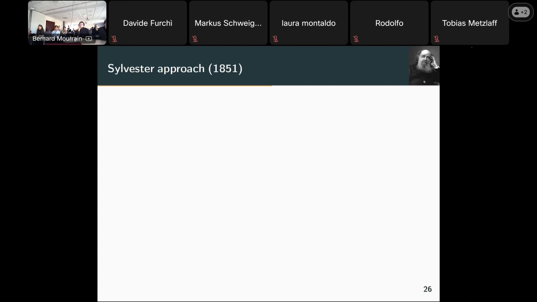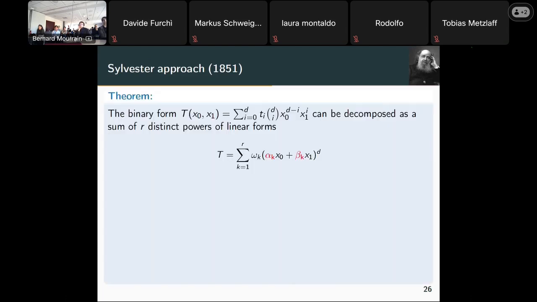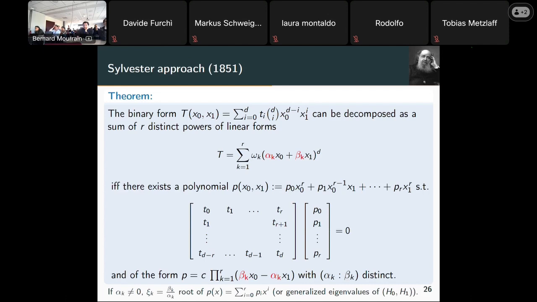Now the Sylvester approach presented by Alexandra. We have here a binary form in variables x0, x1 with its coefficients, binomial Pi times. So this can be written as a weighted sum of powers of linear forms if one can find an element in the kernel of this Hankel matrix, P0 to PR.